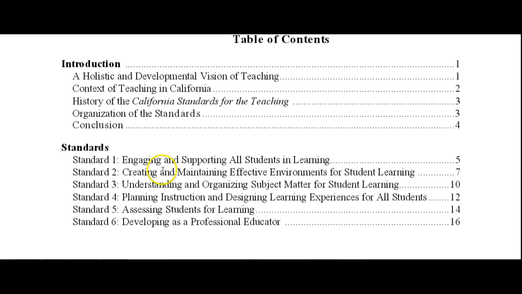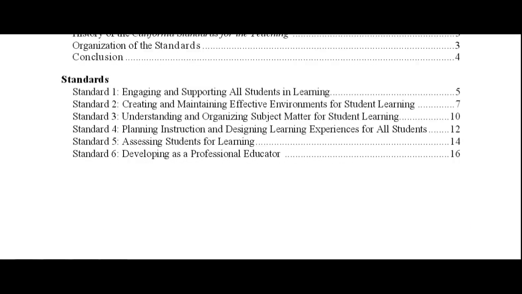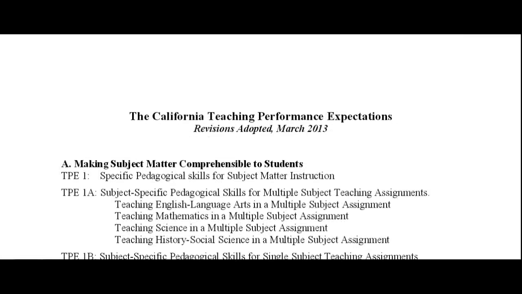Now, under each of the standards, there are specific teacher performance expectations, or TPEs, and actually there's a total of 13, and they're divided up amongst these 6 standards. Okay. Now, let me give you an example of what that looks like. So let me go to the revised standards, and here they are.